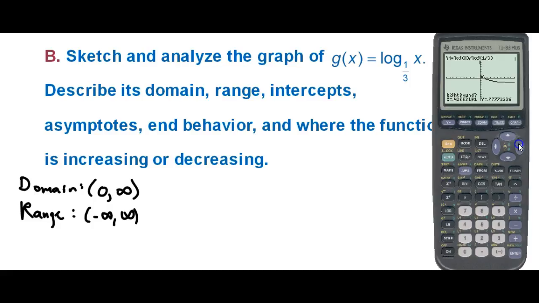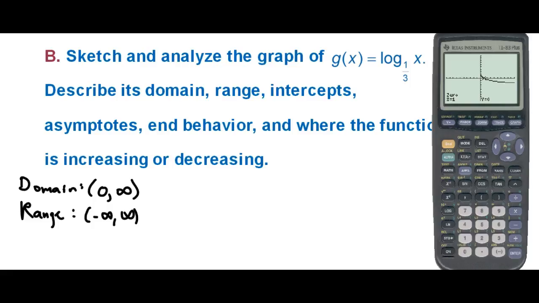And then go over to the right of where it crosses for the right bound and hit enter. And then it's going to tell you to guess. So you give it your best guess of where it crosses the x-axis and hit enter. And then it calculates it for you that there's a zero at the point 1, 0.